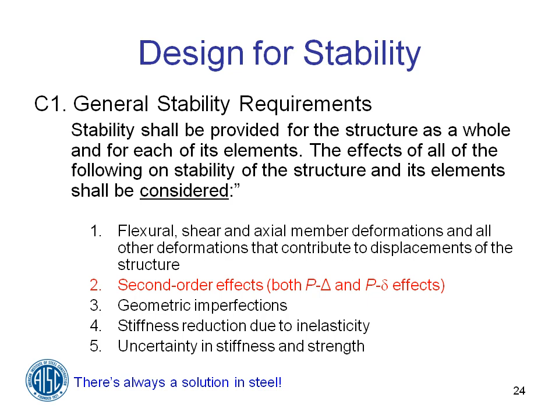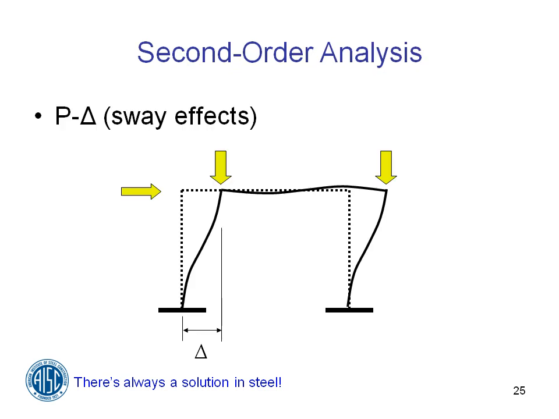Now, second order effects, both P big delta and P little delta. Well, P big delta is the sway. And so you see that if you take a look at that load now moved over that distance, which is delta, there's going to be an additional moment down here, which is whatever that force is times that sway displacement.